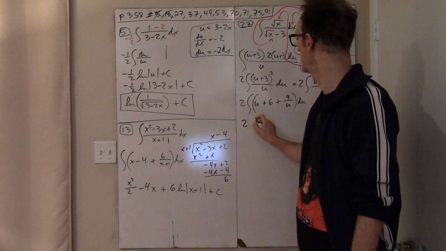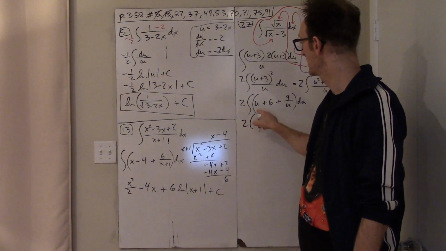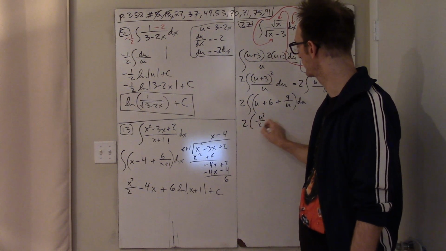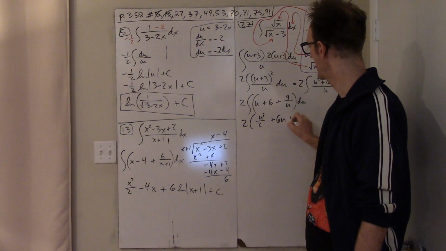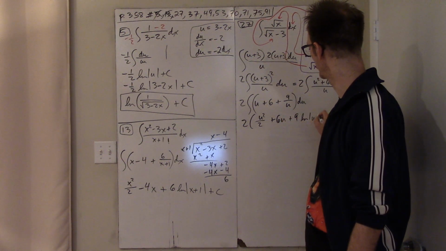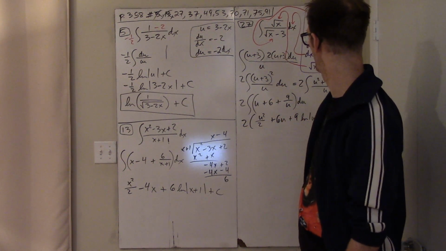Okay. Whew, what do we end up with? This is 2 times the antiderivative of u, which is u squared over 2, that's 6u, and that's 9 ln absolute value u, plus c.